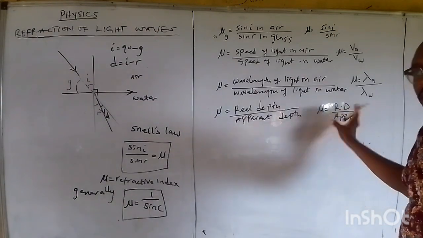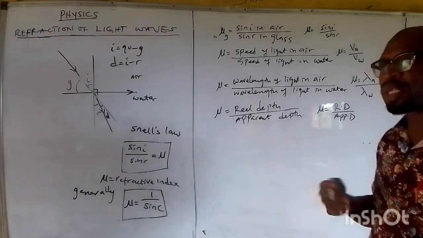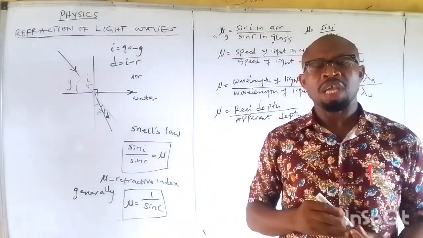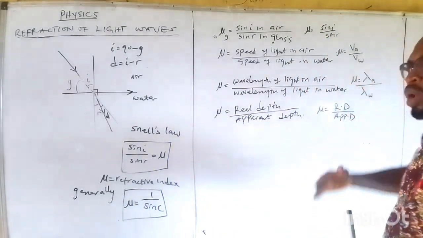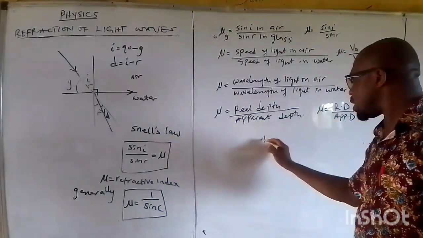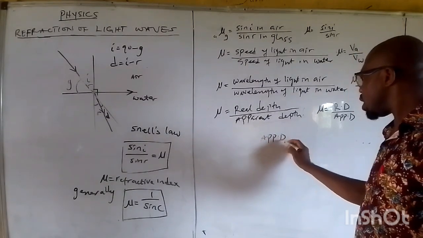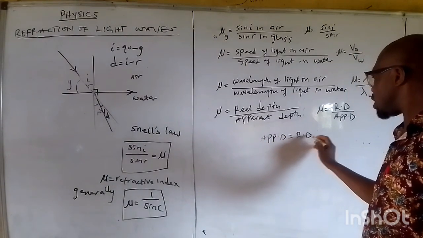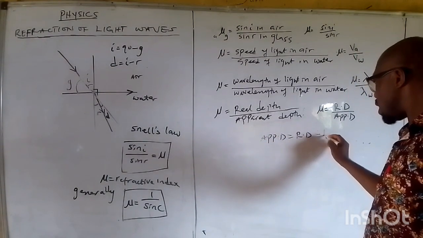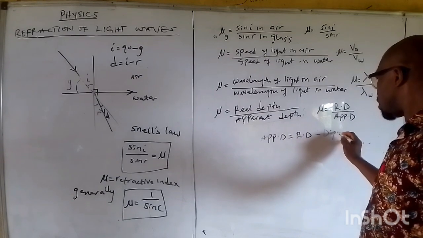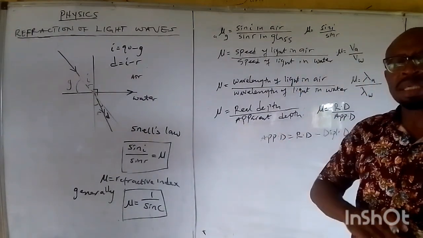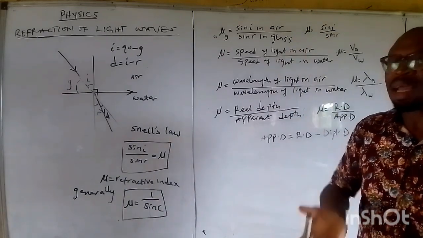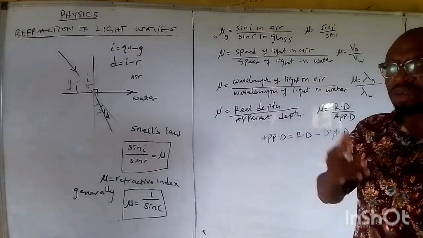Now, most times, the apparent depth may not be given. But if it is not given, then apparent depth is equal to real depth minus the displaced depth. This displaced depth can as well be known as the lateral displacement.